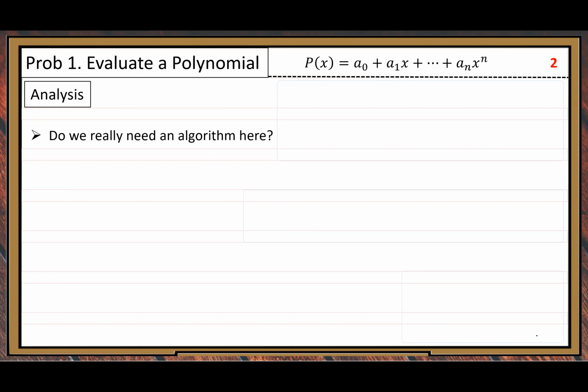Because if we just do that brute force method, we may not really need some special algorithm. If you feel the current one, the brute force one, is good enough, why would you need another advanced special algorithm?